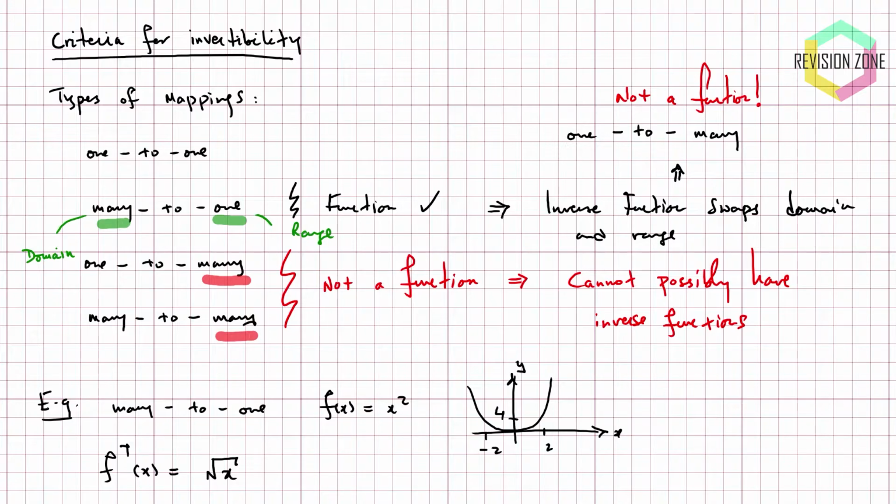So yeah, there is some merit to thinking like this, but the problem is the minute you take a square root, it throws out two numbers in the formal sense. So technically, this thing is not a function. So it cannot possibly be an inverse function because an inverse function has to be a function, right? So this is an example of where you've gone from many-to-one to now having something which is one-to-many.